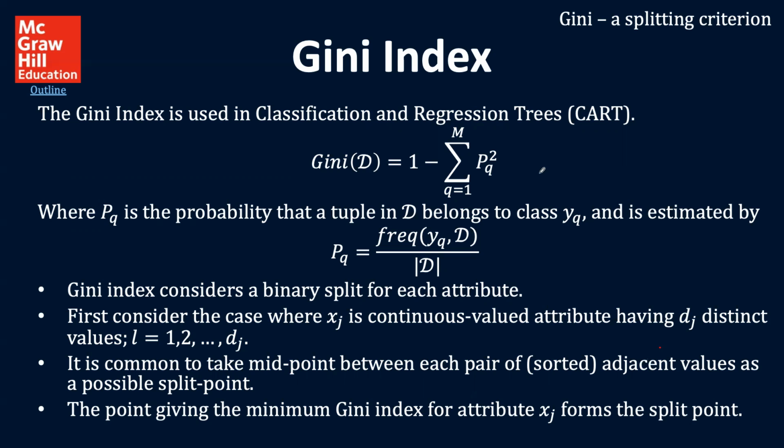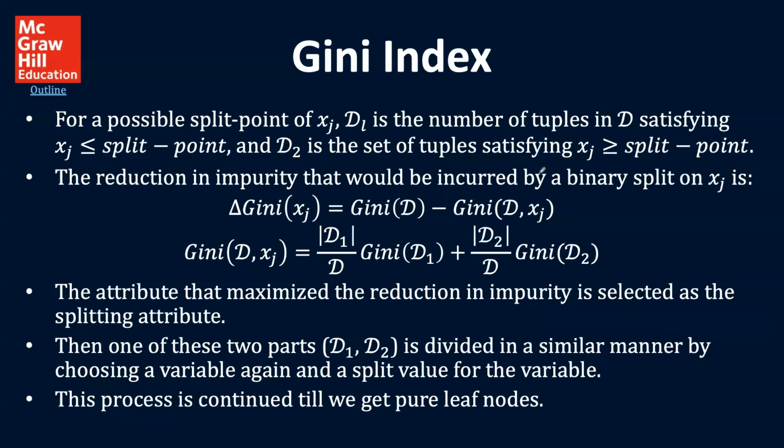The point giving the minimum Gini index for attribute x_j forms the split point. For a possible split point of x_j, D1 is the number of tuples in D satisfying the split point, and D2 is the set of tuples satisfying x_j greater than or equal to the split point.